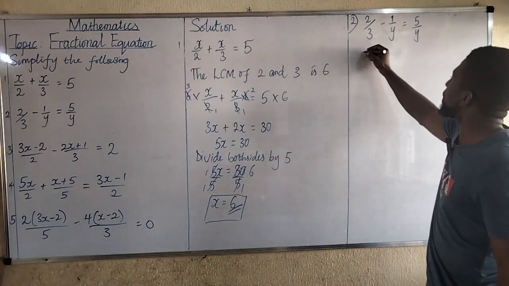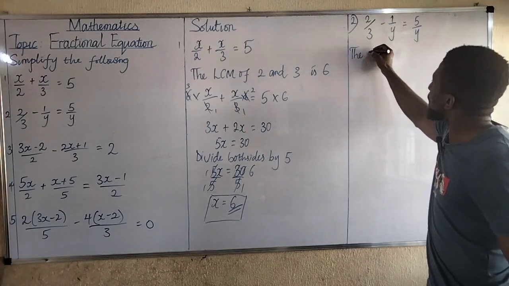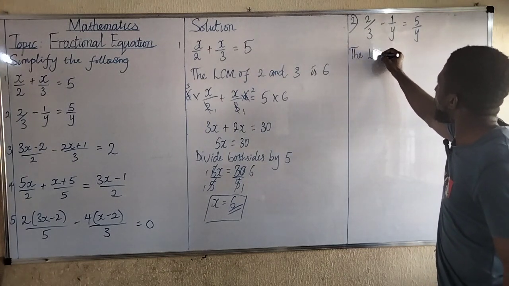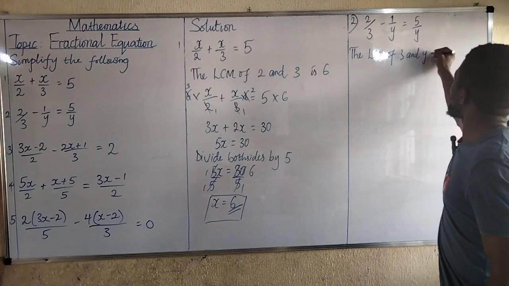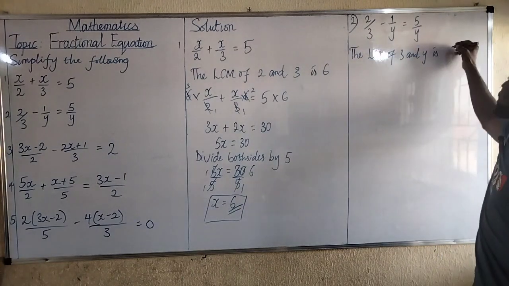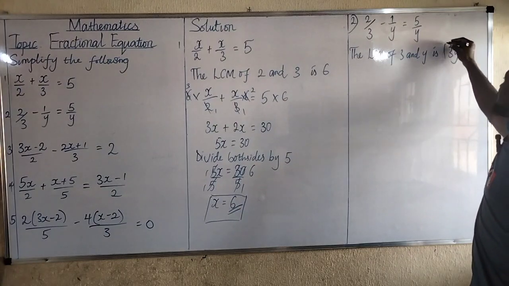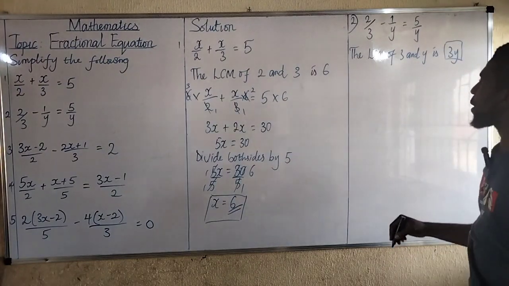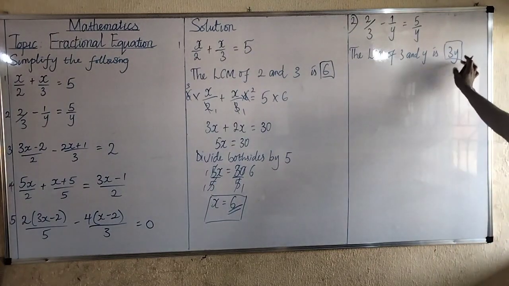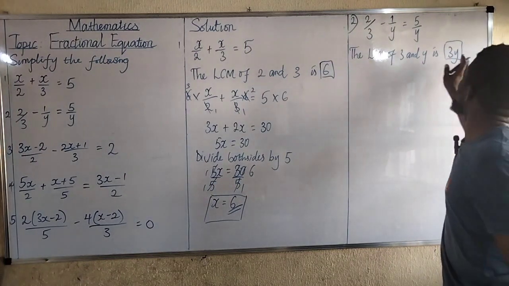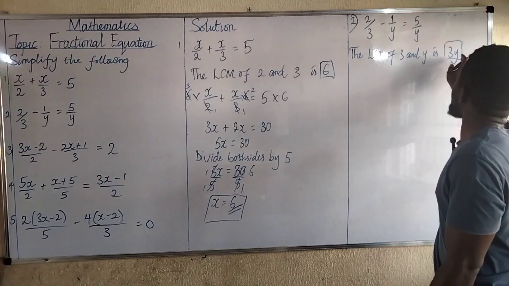The LCM of 3 and y is 3 times y, 3y. Unlike what we obtained before, where the LCM was 6, here the LCM is 3y. So we are going to multiply each of these fractions by 3y.